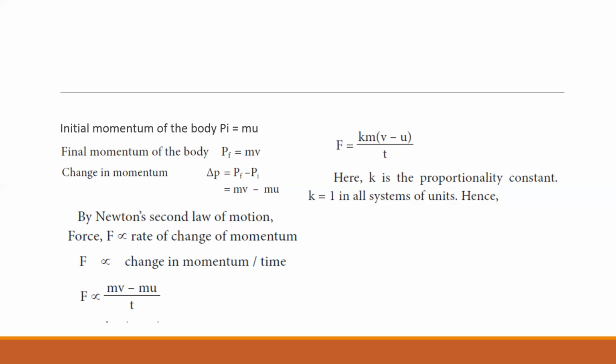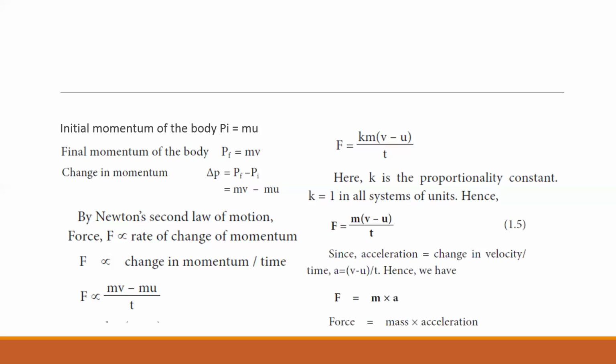When you want to make the proportional sign into an equal sign, you have to put a proportionality constant, k, which is equal to 1 in all systems of units. So F is equal to k times m into v minus u by t. M is taken as common from mv minus mu. So F is equal to m times v minus u by t, because k is 1.